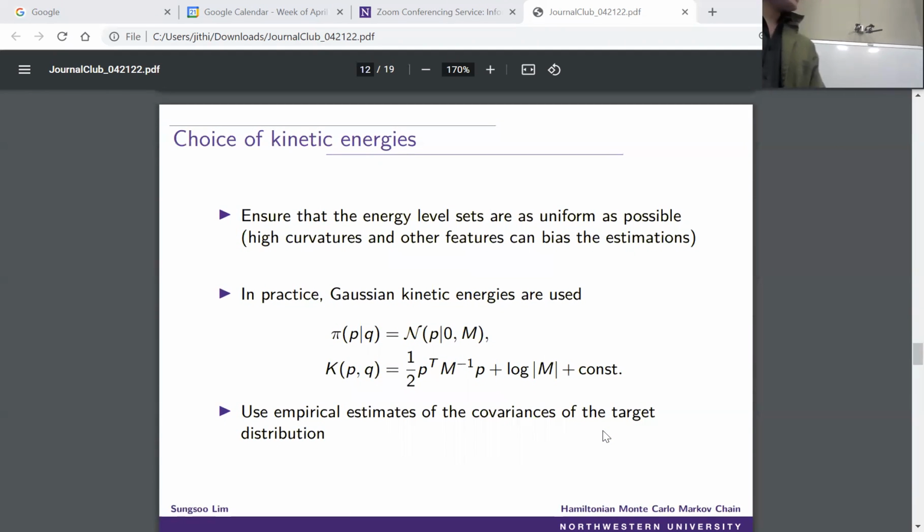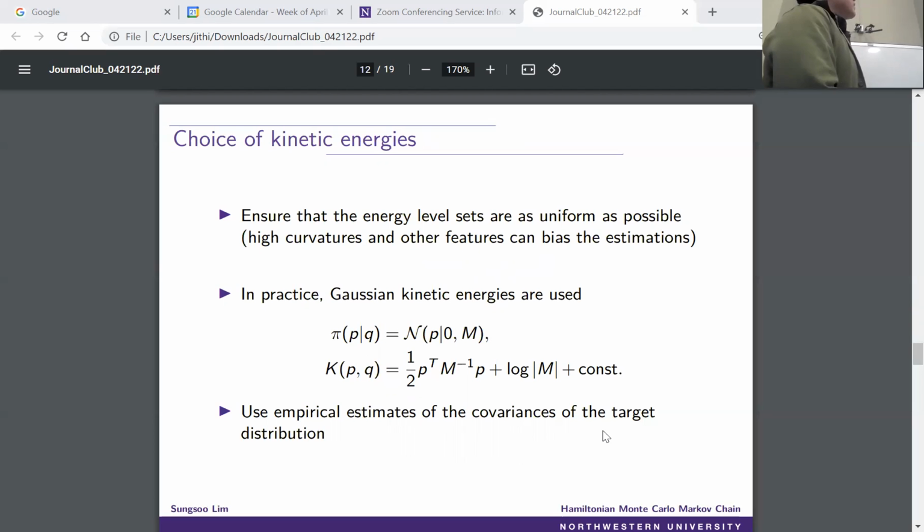So for the choice of the kinetic energies, the important thing is that the energy level sets in the phase space of the Hamiltonians are as uniform as possible, so that there are no high curvatures and no features that can bias the estimations.